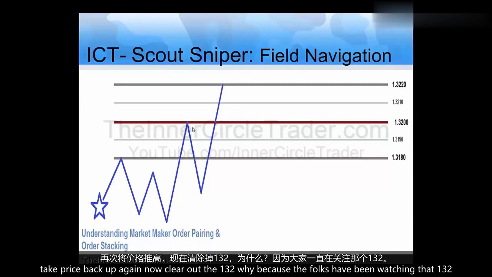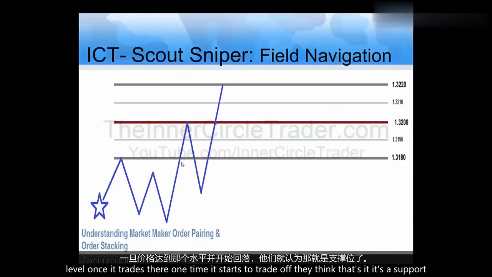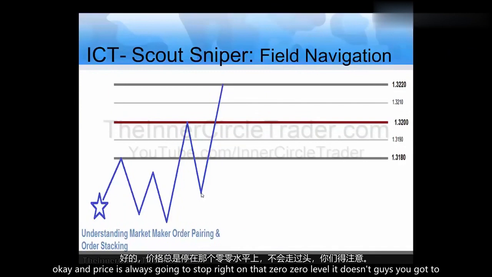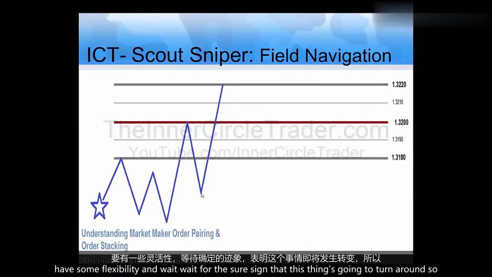Why? Because the folks that have been watching that 132 level, once it trades there one time and starts to trade off, they think that's it. Support and resistance is perfect. It never has any blurry lines. It's crystal clear, laser guided, and price is always going to stop right on that 0 level. It doesn't, guys. You've got to have some flexibility and wait for the sure sign that this thing is going to turn around.